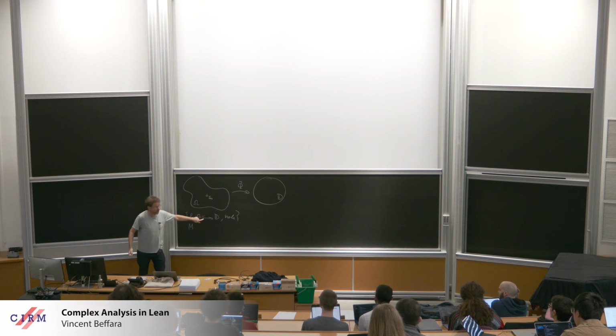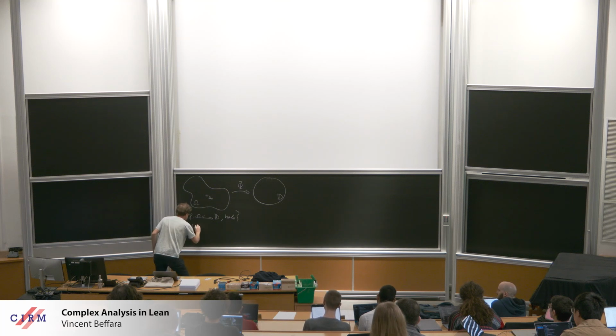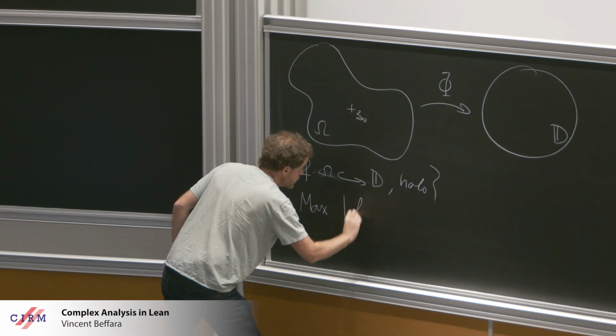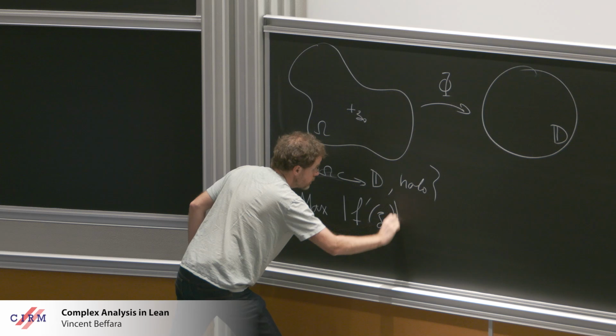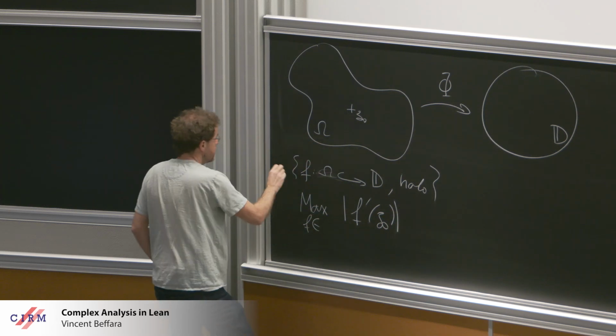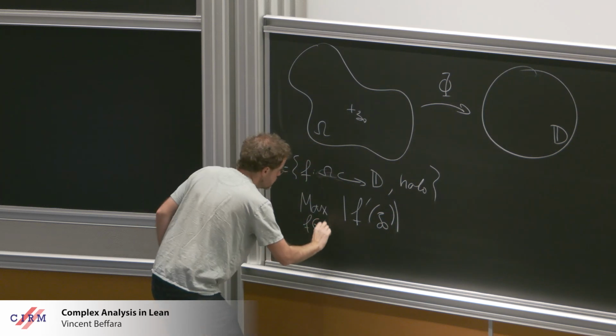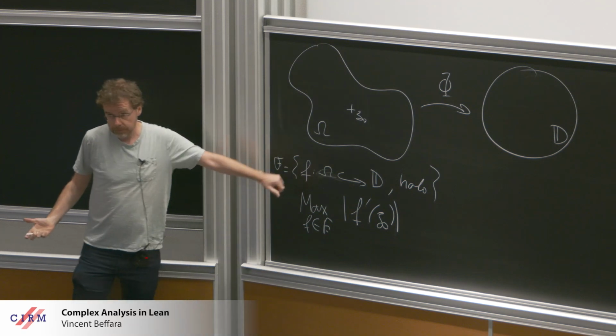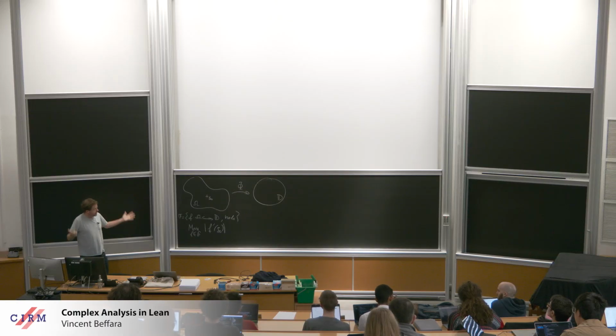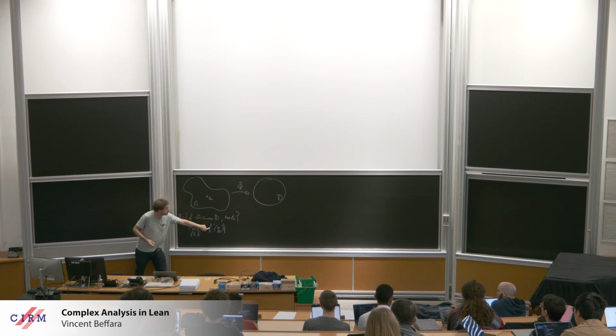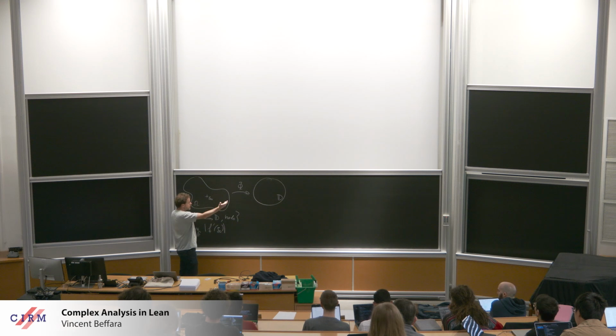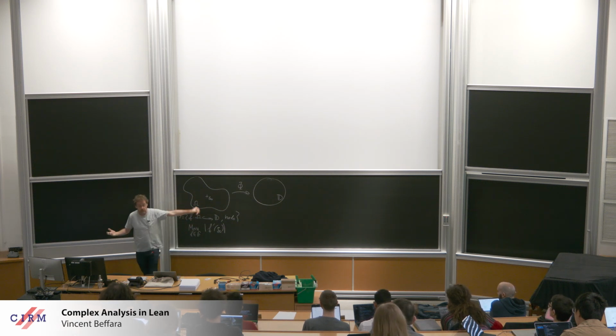Yeah, this is an injection into D. So we want to maximize the modulus of f prime of z0 for f in this big F, which is this set of functions. And the main argument is if you take a function that maximizes this, then automatically it is a conformal map from omega to D. So this is the plan.